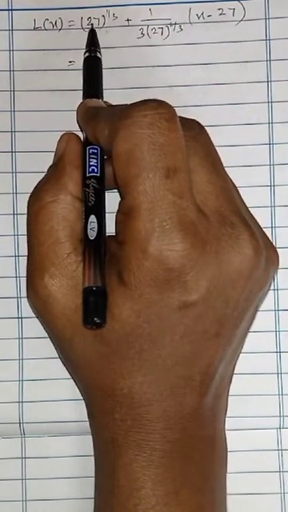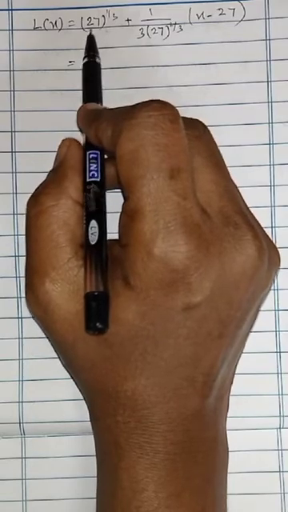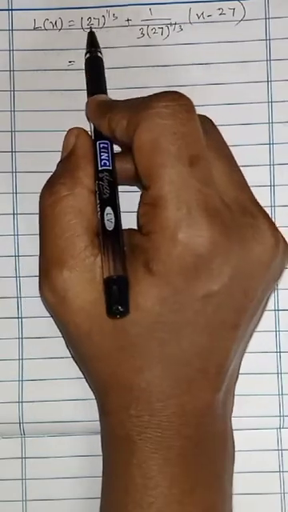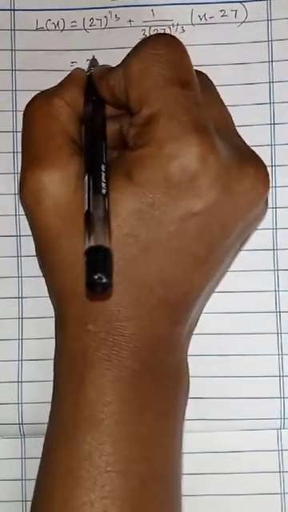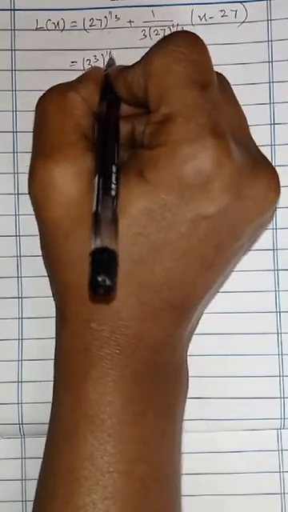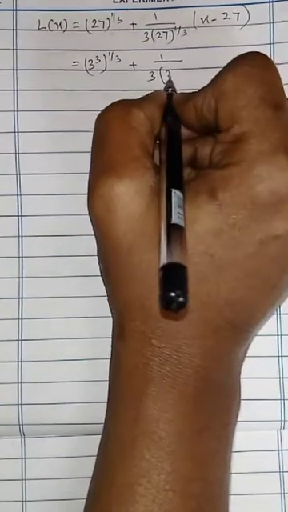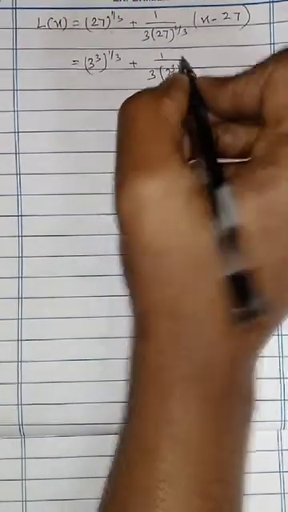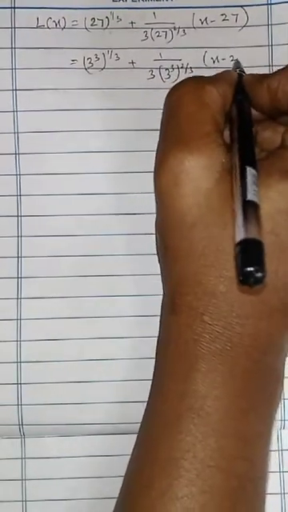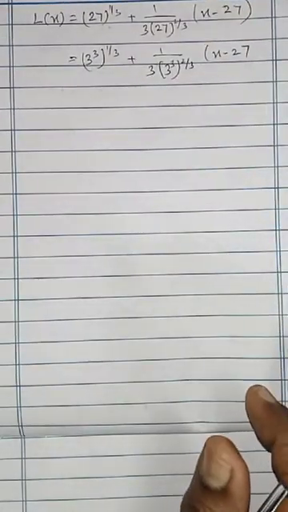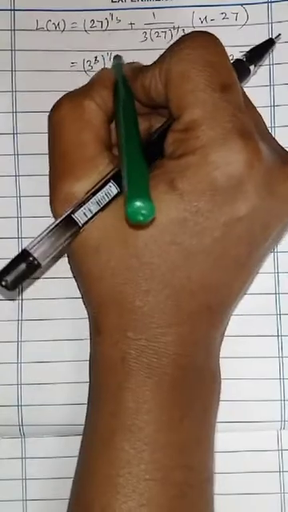Now, 27 can be taken as 3 power 3, correct? 3 3s are 9, 9 3s are 27. So this 27 can be taken as 3 cube power 1 by 3 plus 1 by 3 into 3 cube power 2 by 3 into x minus 27. Is that right? Now, this 3 will get cancelled.